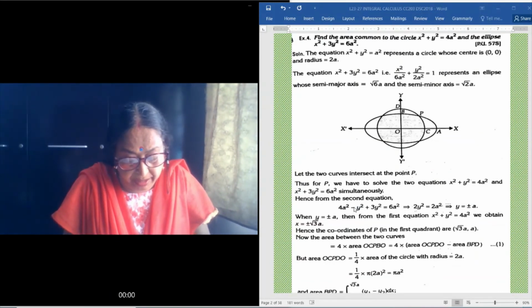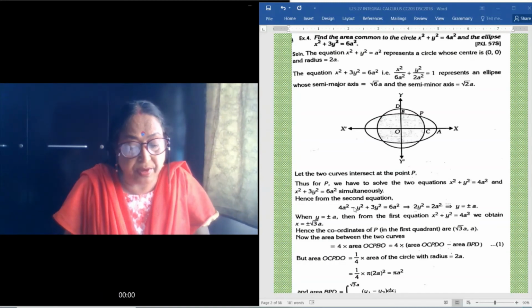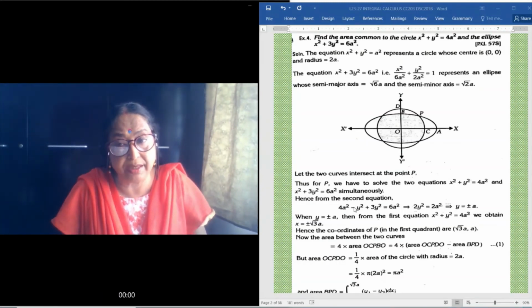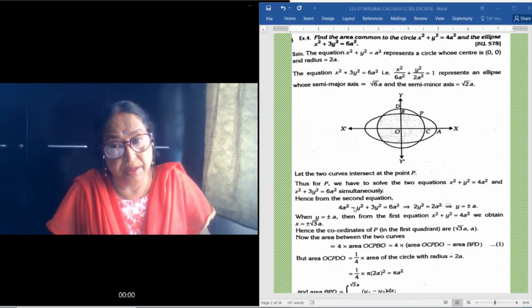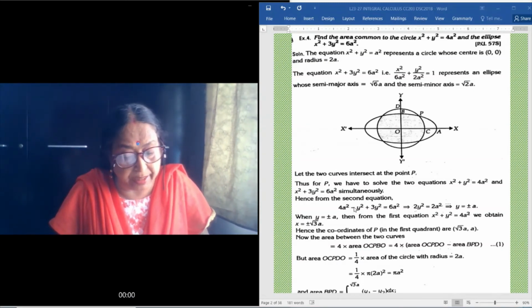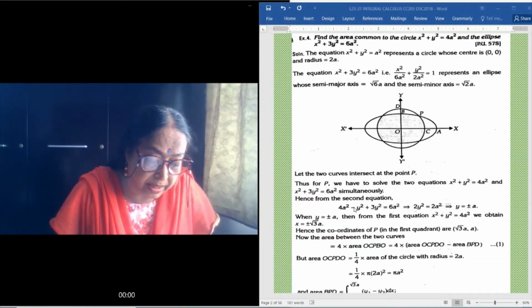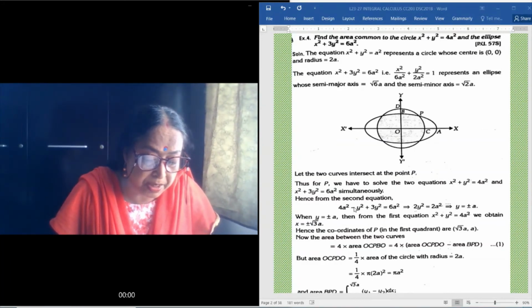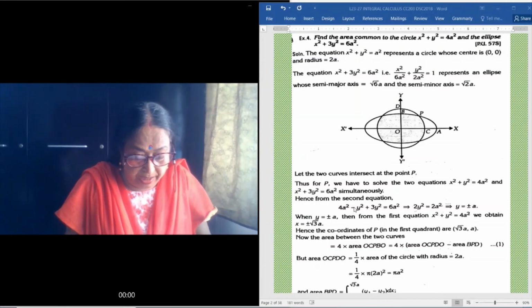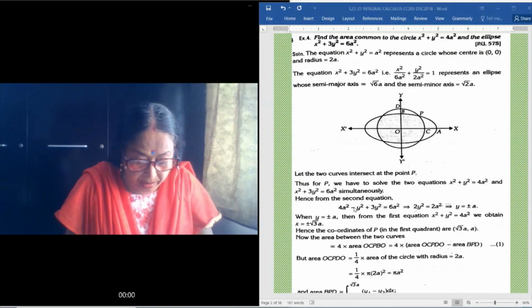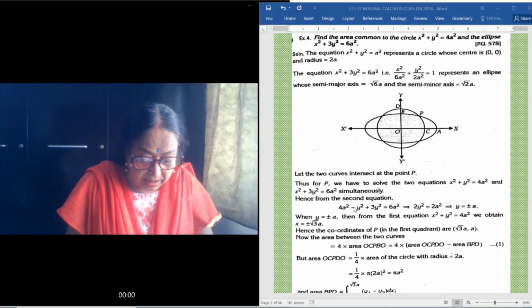Now here we can see that it is divided into four quadrants, so the total area will be 4 times the area of one, that is OCPB.